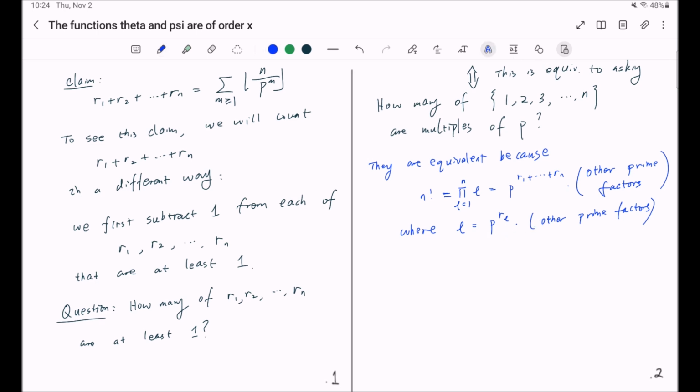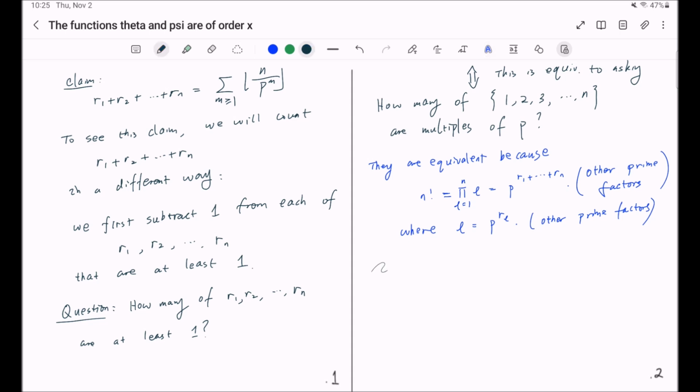So you can see it's precisely equal to the number of integers here that are at least 1, namely non-zero. Because if a particular R sub L is 0, then that particular L is not a multiple of p. And vice versa. If R sub L is at least 1, then L is a multiple of p. So these two questions are equivalent.